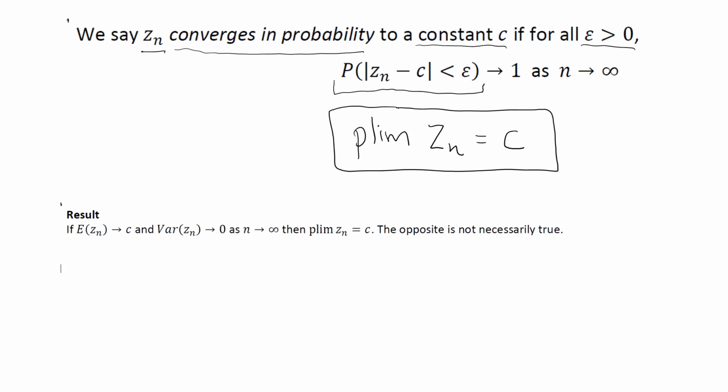And the result is as follows. If you can show that the expected value of Zn, as a sequence of numbers, converges to c, and you can also show that the variance of Zn, again as a sequence of numbers, converges to 0, then one can prove that the probability limit of Zn must be equal to c.